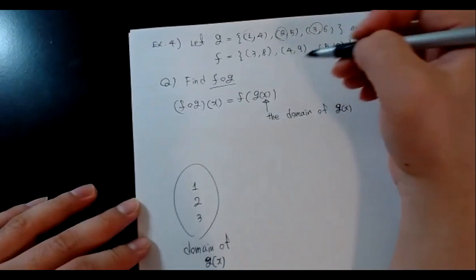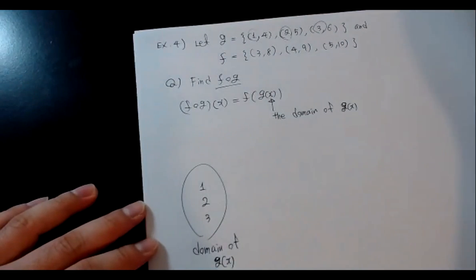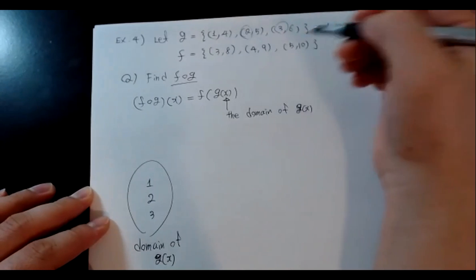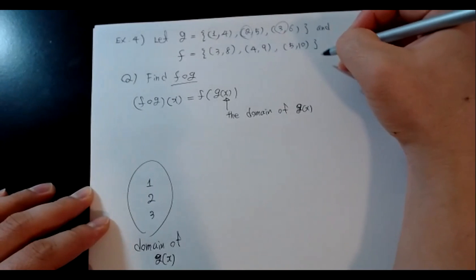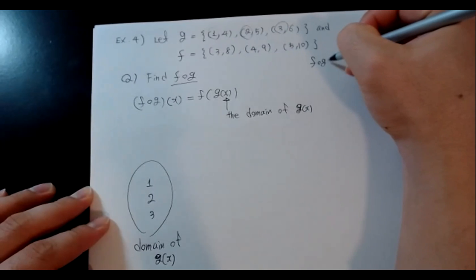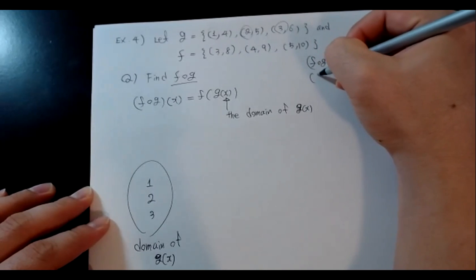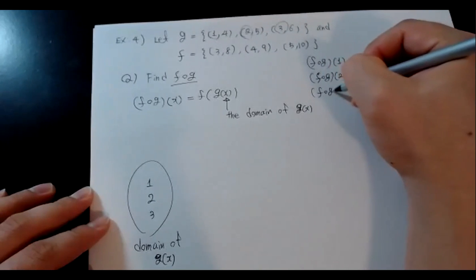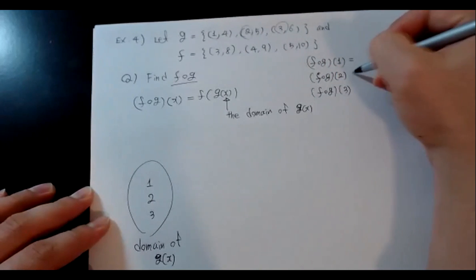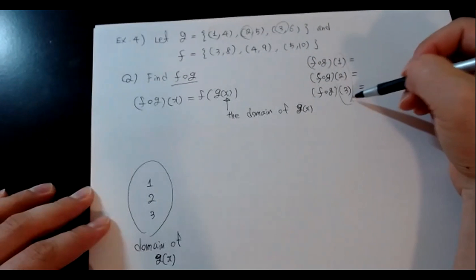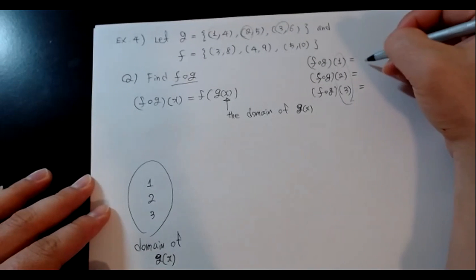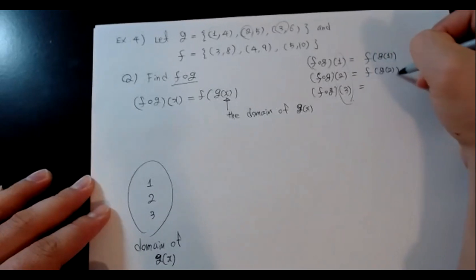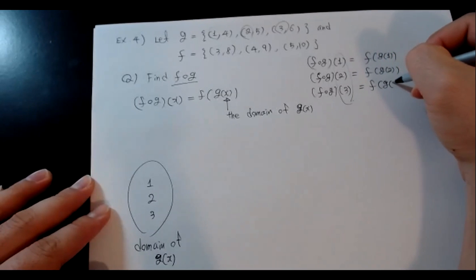So this is equal to f after g of 1, f after g of 2, and f after g of 3. Keep in mind these numbers are from the domain of function g.